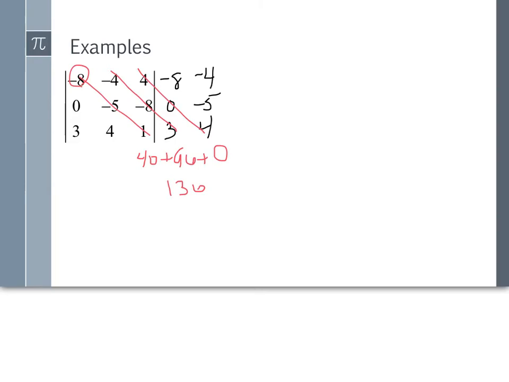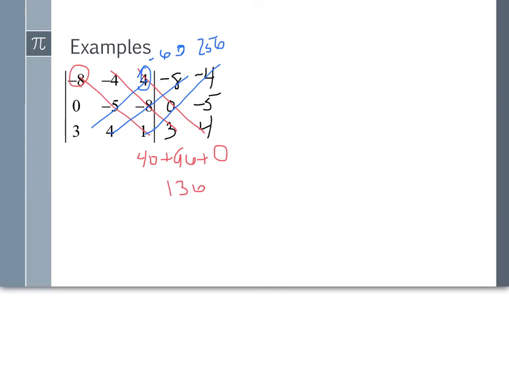Now we'll do it again, starting at the top right element of the original matrix. Go 1, 2, 3 diagonals, and we multiply. 3 times negative 5 times 4 is going to be negative 60. Negative 8 times 4 is 256.